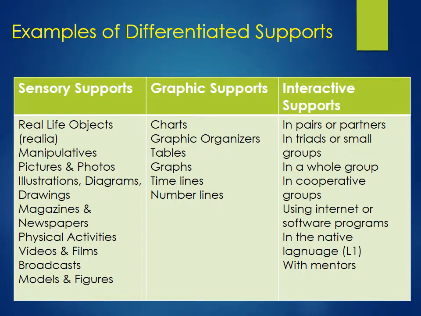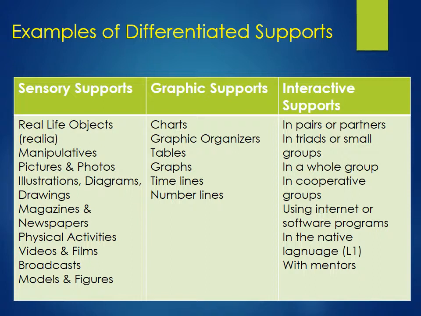So the language function is the first component. The second component is the content, the academic content STEM, and then the third component is what type of support are you going to incorporate into that objective to help that student engage with the academic content at the language level that you want him to use.